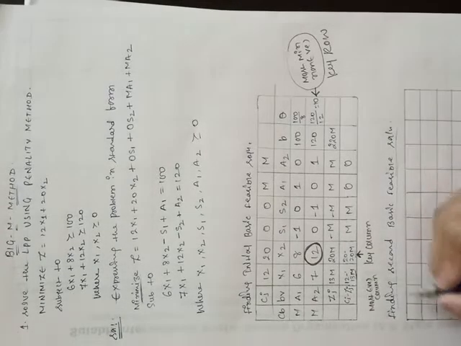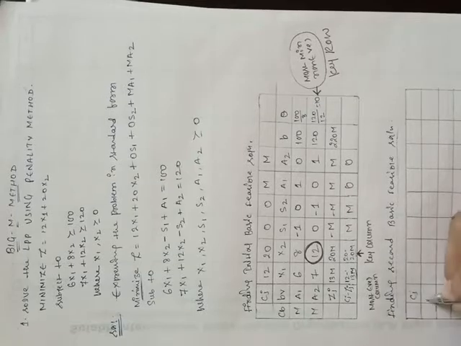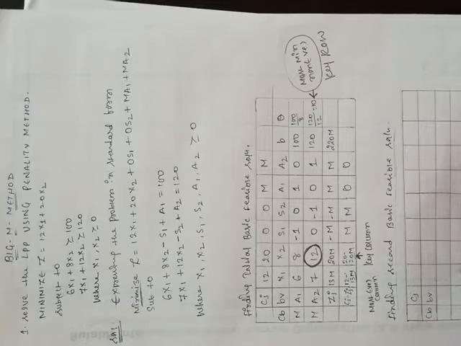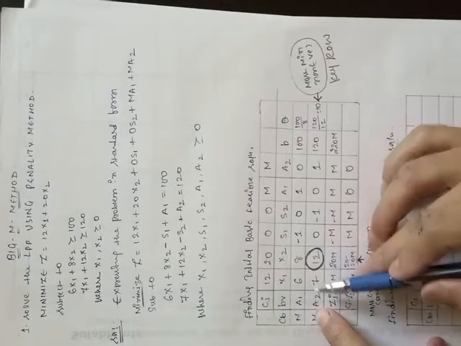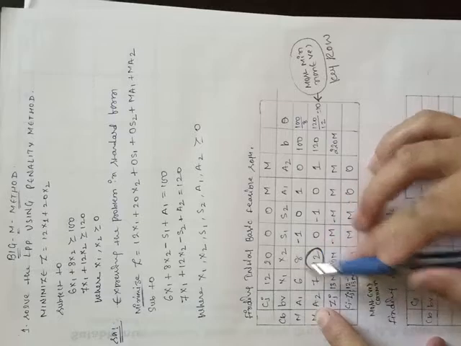So again write down here Cj, Bv, Cb. Here A2 is replaced by x2.